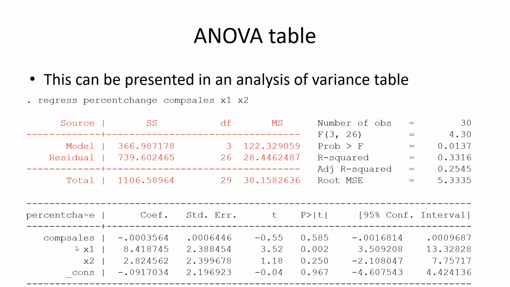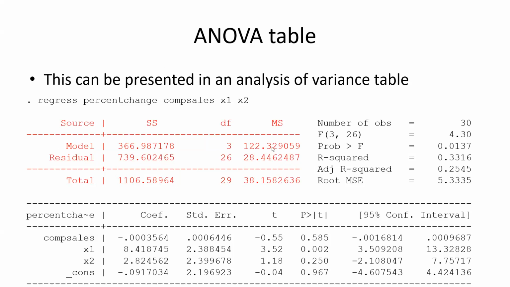In the output, we have an ANOVA table right here, highlighted in red. The model sums of squares and the residual sums of squares sum to the total sums of squares. The model degrees of freedom and the residual degrees of freedom sum to the total degrees of freedom.